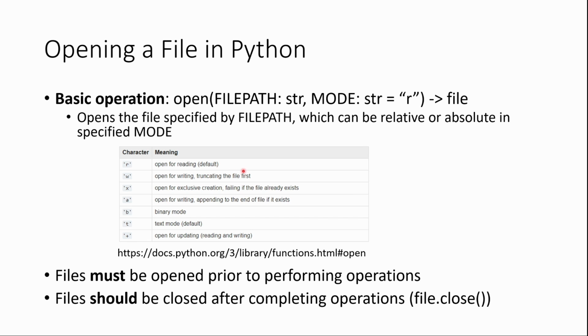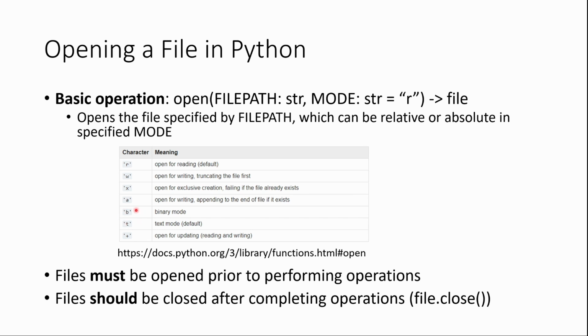If the file doesn't exist, it'll create it. Very similarly, x will also open, but will fail if the file already exists, and this will prevent overwriting a file. So it's essentially used for creating only. a is very commonly used, and that's used to append to a file.